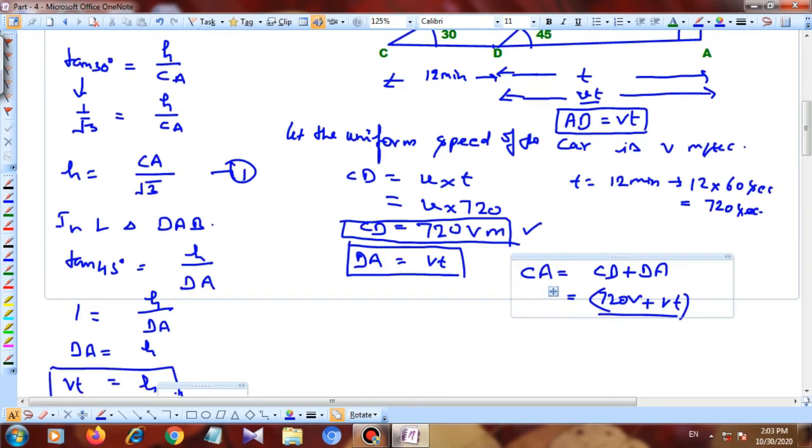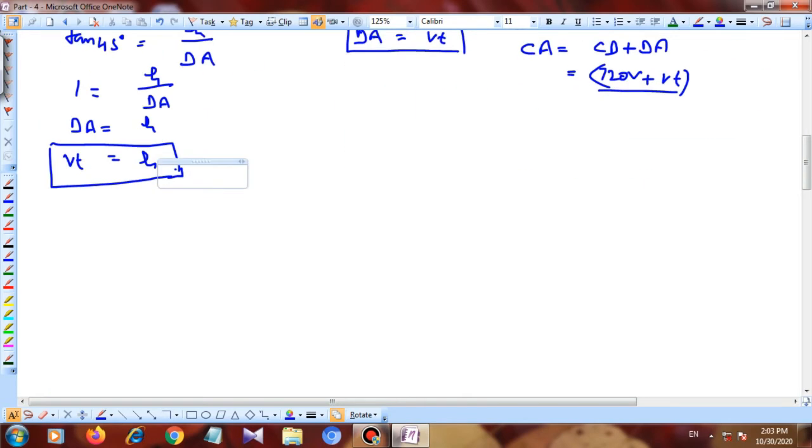So time t will be equal to, in this question, VT equals H and CA is this.